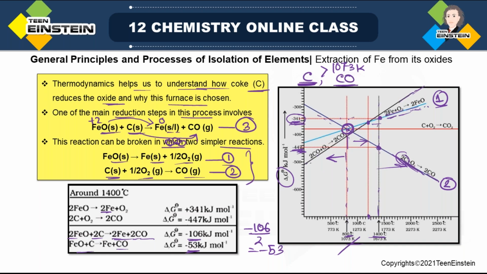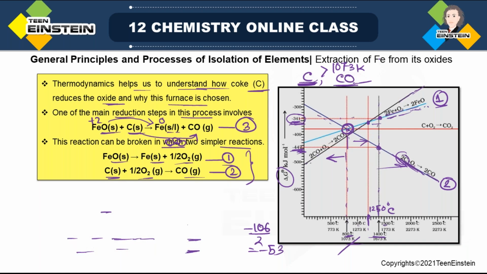So for carbon monoxide to act as reducing agent, the temperature must be below this temperature, which is just between 1000 and 1500. Suppose it is 1250 degrees centigrade. So only below this temperature can carbon monoxide act as reducing agent. That means if you are using carbon as reducing agent, the temperature must be high. But if it is carbon monoxide, low temperature is fine.